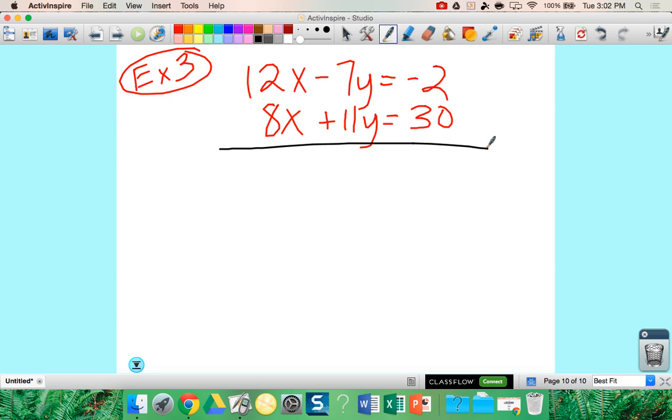We're not going to do that. Is there anything we can multiply by negative 7 to give us 11, and then 11 to give us negative 7? No, so because you would have to multiply one of the equations by some number. So if you go through that process, that is telling you that you're going to have to multiply both equations by a number.